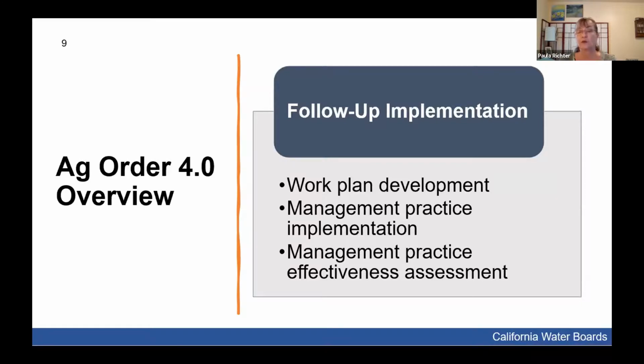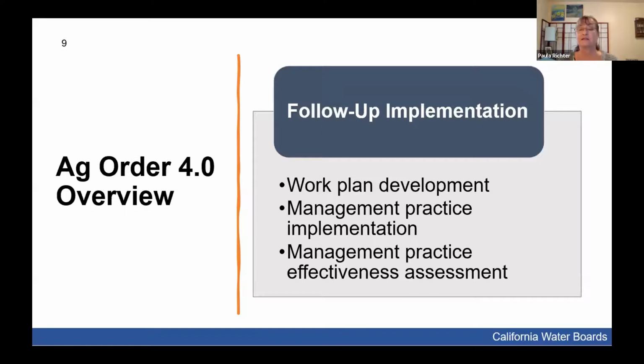In other words, the work plan helps identify follow-up actions that need to be taken to meet the targets or limits. For growers that join a third-party program, the third party will develop the work plan on behalf of their members and assist them with implementation efforts. For growers that select the individual approach, they'll need to do those things on their own.